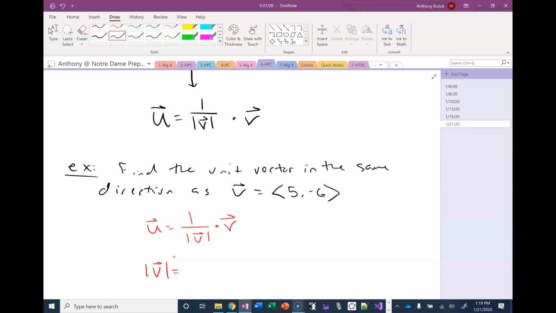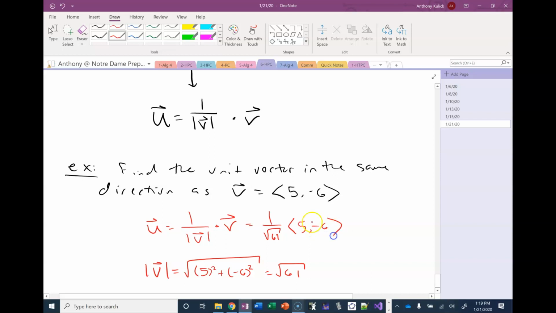We have a formula for this. It's the square root of a squared plus b squared. So 25 plus 36 is 61. So filling things in, I have 1 over the square root of 61 times the vector 5, negative 6.